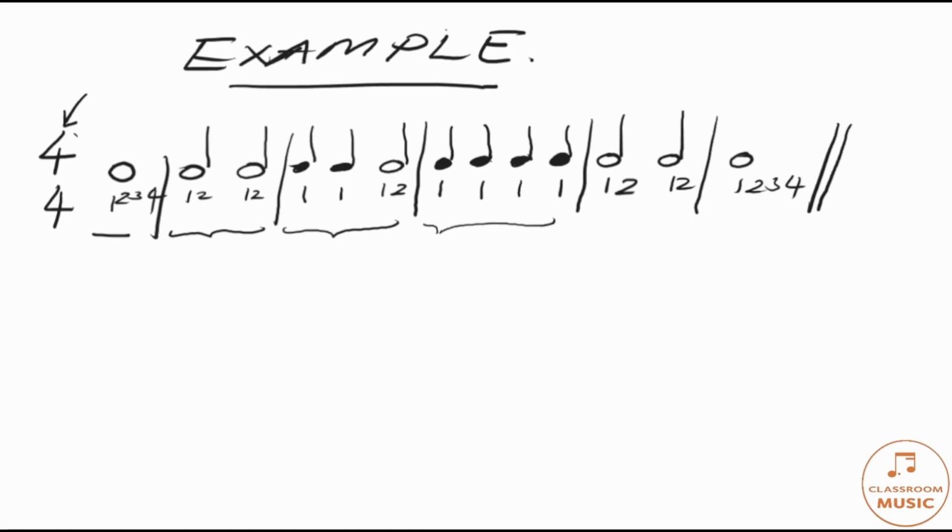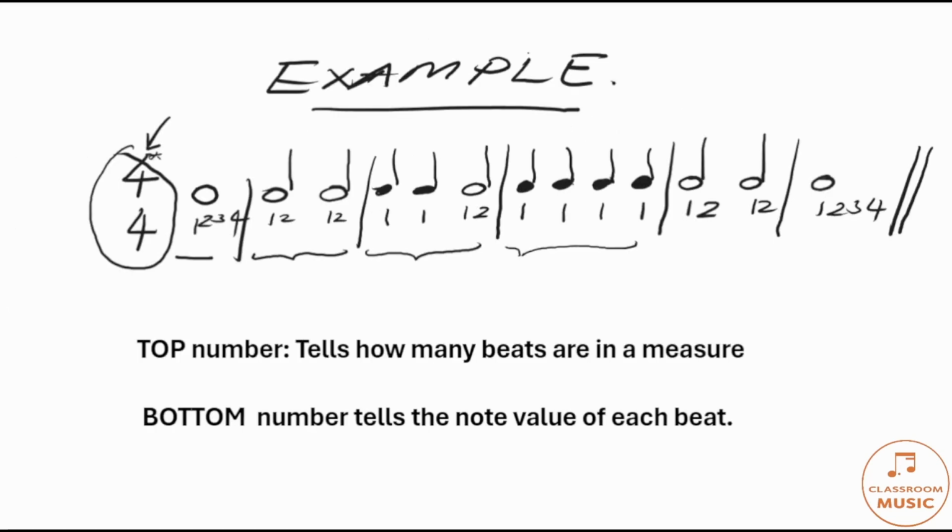Moving back to the time signature, we only saw the value of the top number, the 4, but this time signature reads 4, 4. So the 4, as seen from the previous example, shows how many beats there should be in every measure. We've seen that by dividing every measure into 4 equal beats.